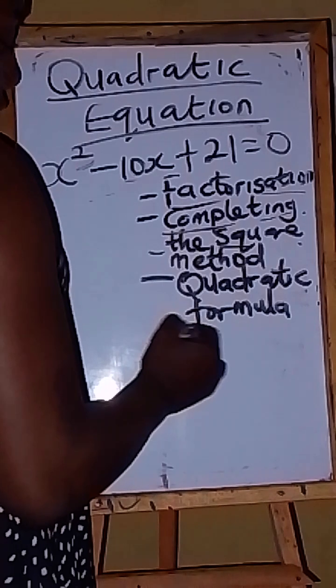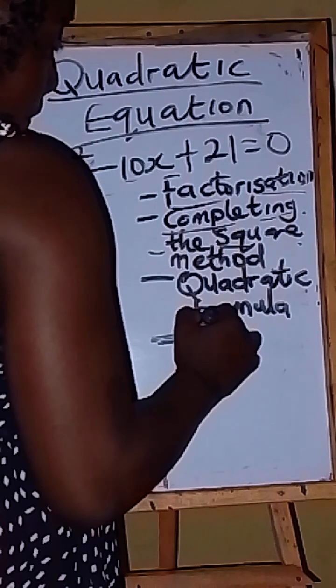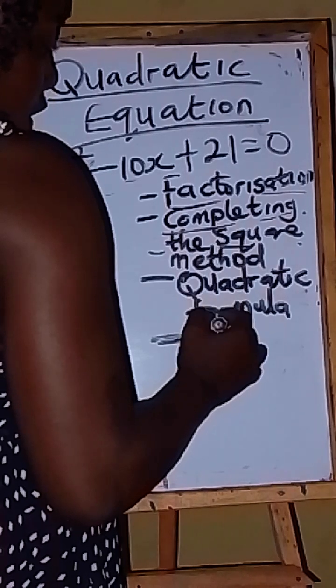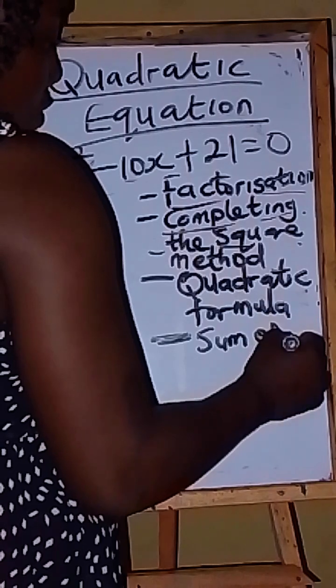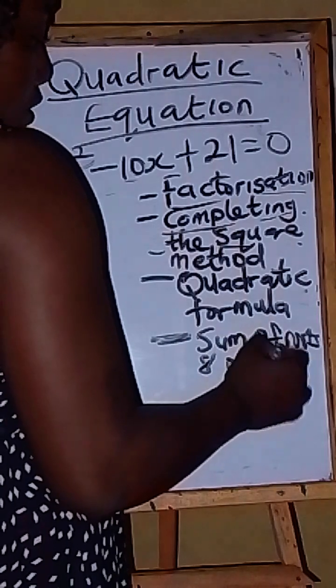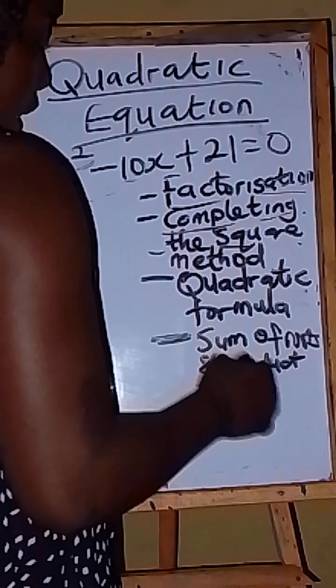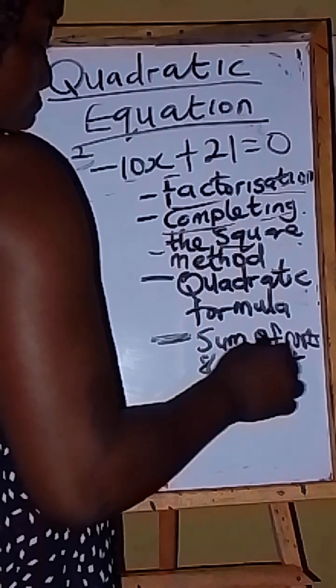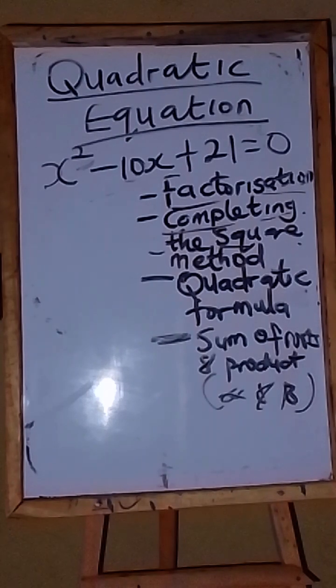The fourth one is sum of roots, or what we call sum and product of roots, which is when we are talking about alpha and beta. So these are the 4 methods of solving quadratic equation.